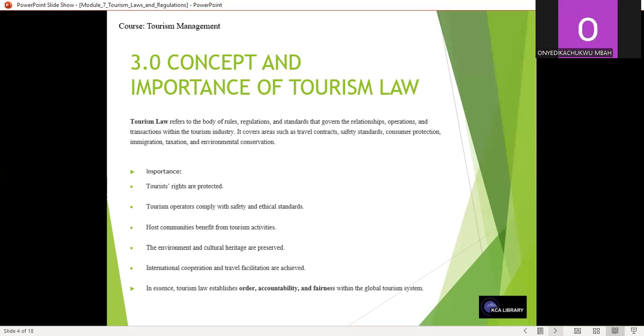Number four, the environment and cultural heritage are preserved. Number five, international cooperation and travel facilitation are achieved. In essence, tourism law establishes order, accountability, and fairness within the global tourism system.